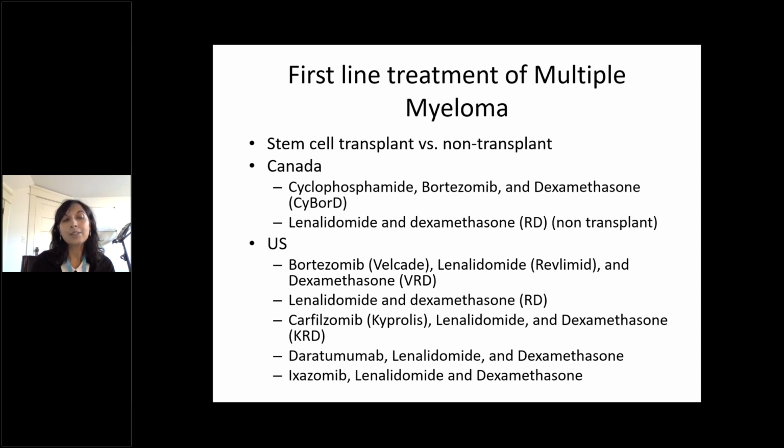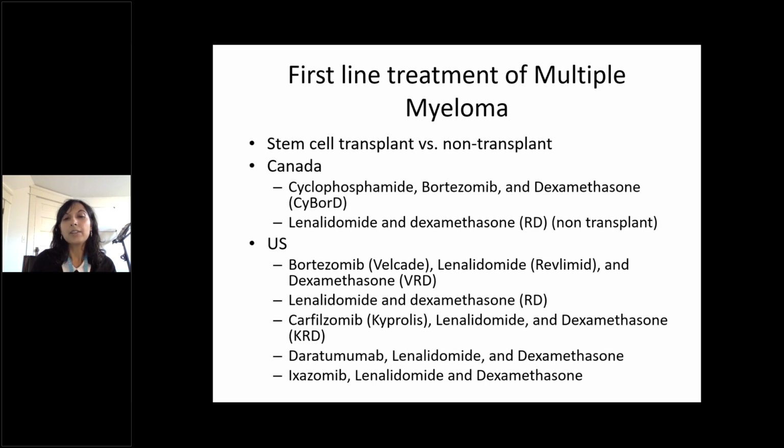What we found is that past the age of 70, often the risks of the stem cell transplant outweigh the benefits. And because there are so many newer drugs being developed, we hope that the patient will benefit from multiple lines of therapy, even if they aren't recommended to go through a stem cell transplant.